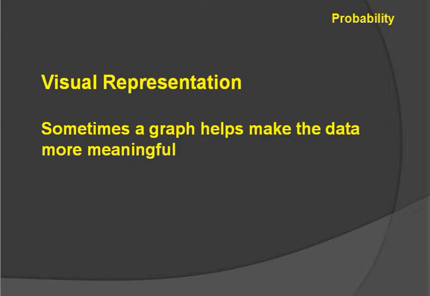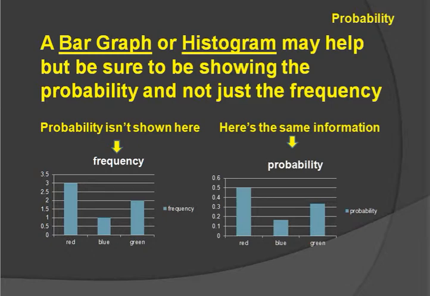Sometimes it's helpful, as in a lot of statistics, to have a graph, as long as that graph is an accurate graph, obviously. It does help sometimes to make it a little bit more meaningful. I've seen graphs such as these where they'll be talking about probability, and instead of probability, they'll show a frequency table or some kind of a frequency graph.